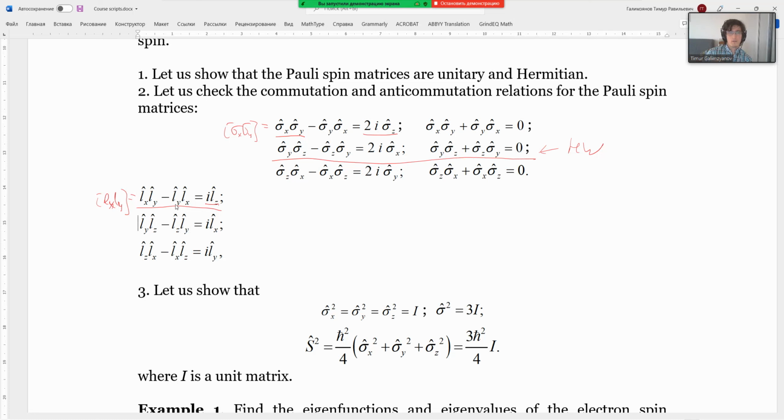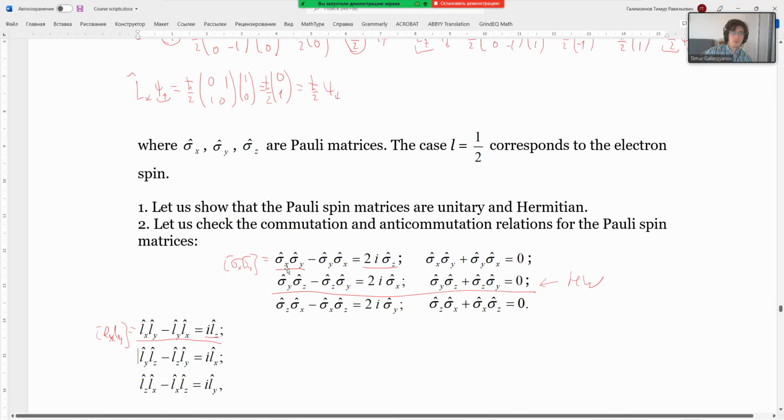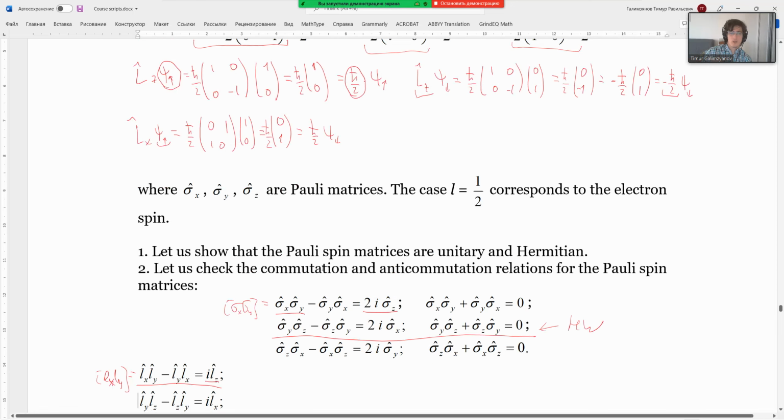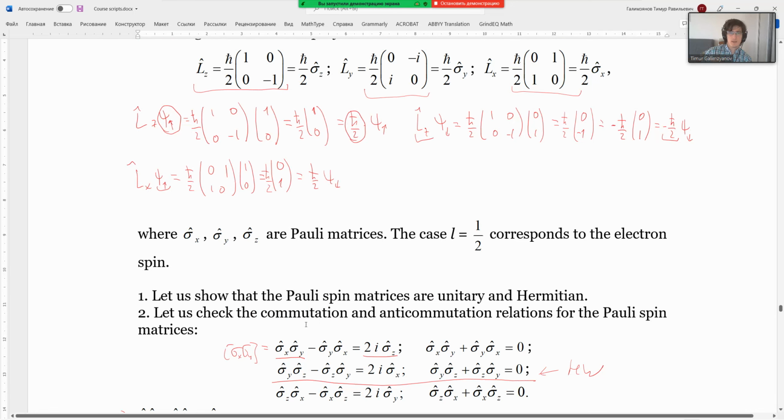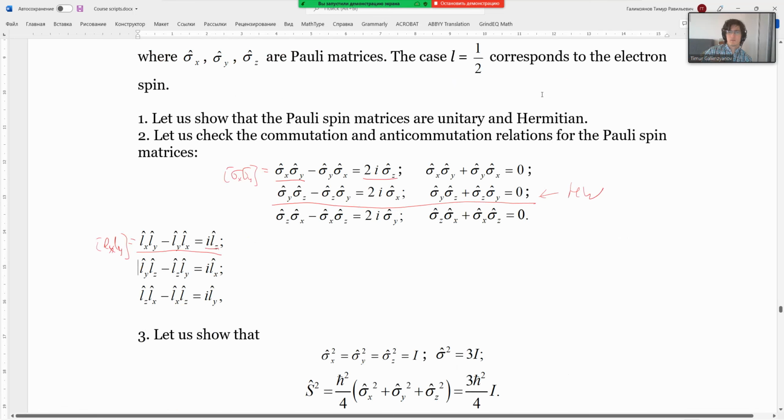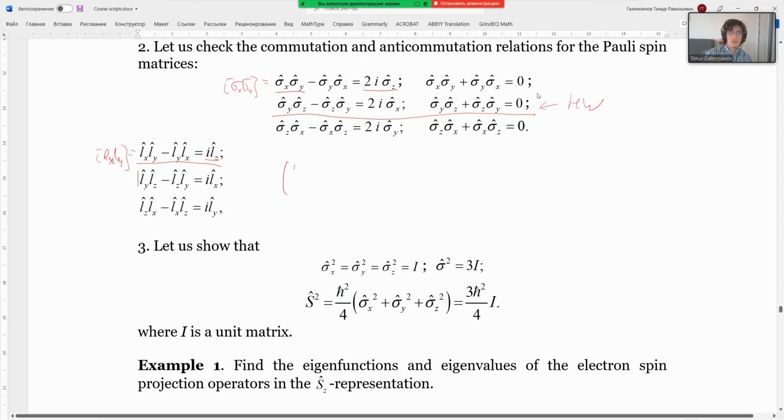We can check it actually. Let's check the commutator of sigma x and sigma y. Let's calculate sigma x sigma y minus sigma y sigma x.